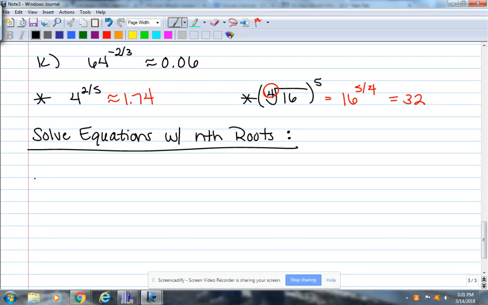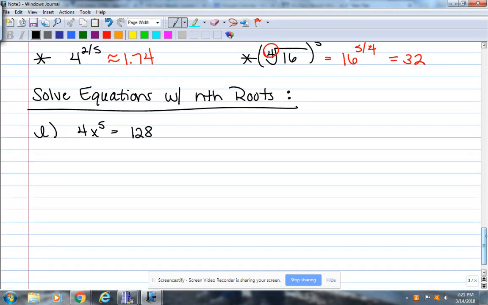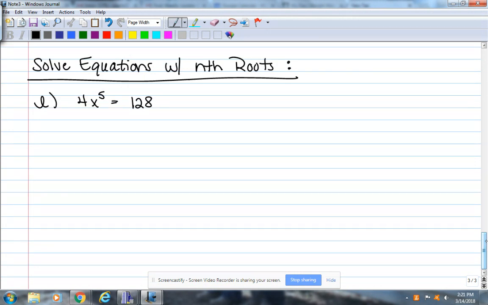So, example L right here. 4x to the 5th power equals 128. So, my darlings, first I need to get that x by itself. Very good. Divide both sides by 4. So that's 32. So x to the 5th power equals 32.